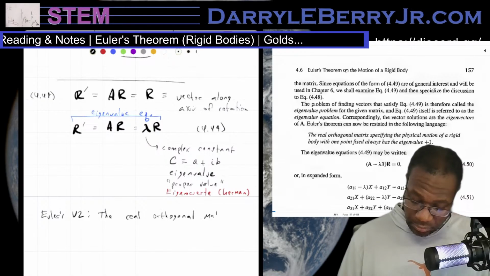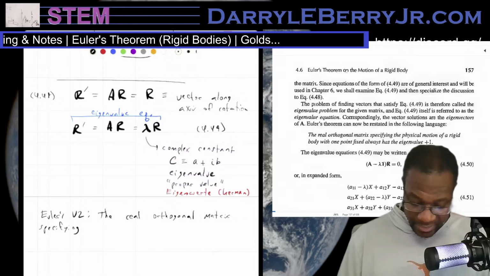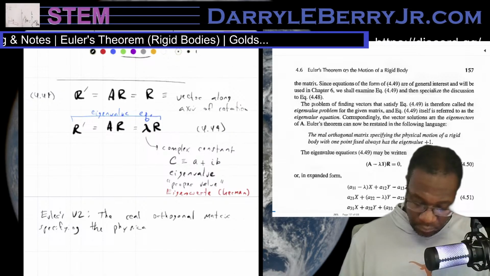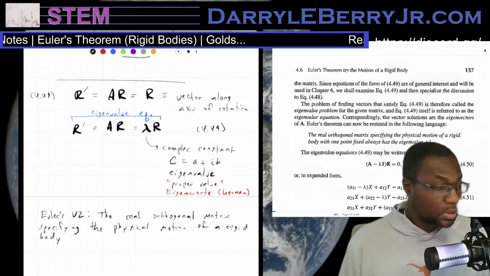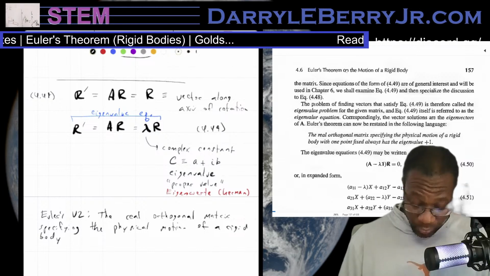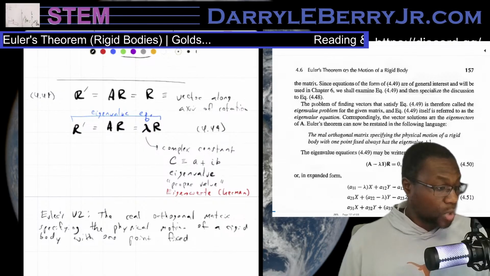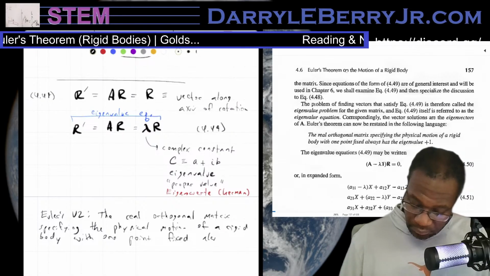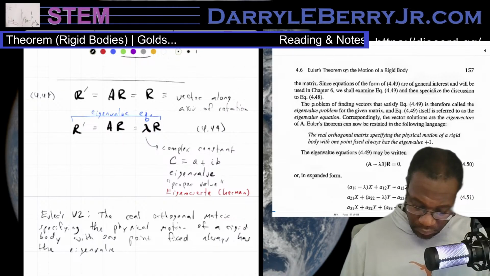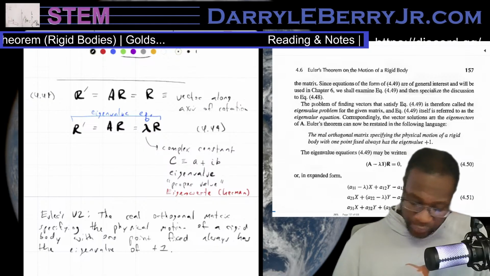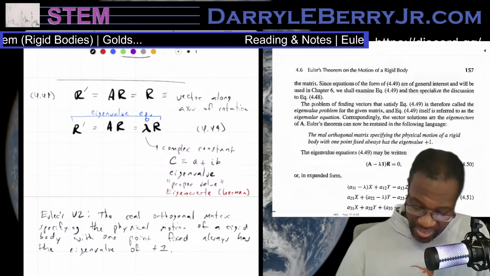The real diagonal matrix specifying the physical motion of a rigid body with one point fixed always has the eigenvalue of +1.